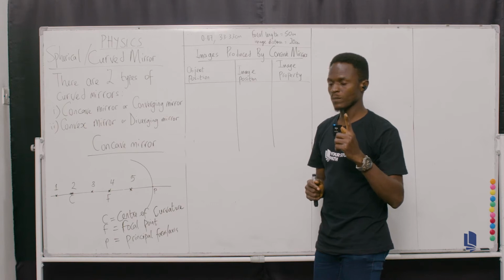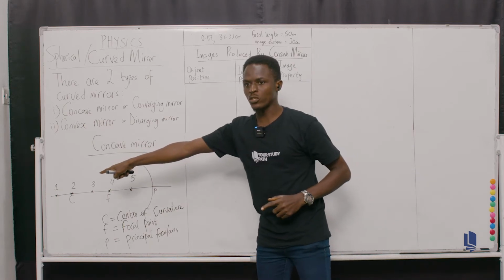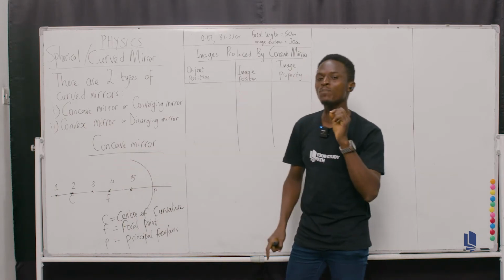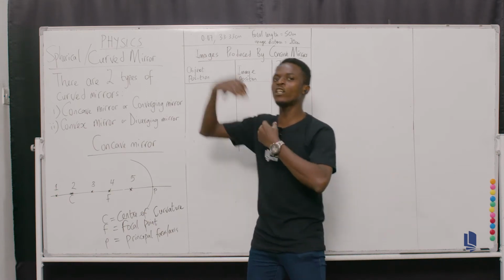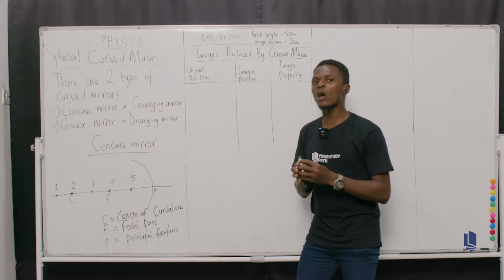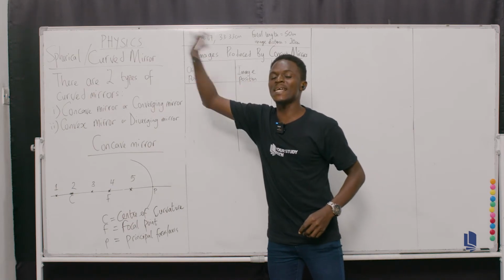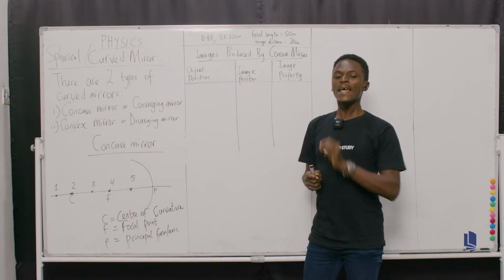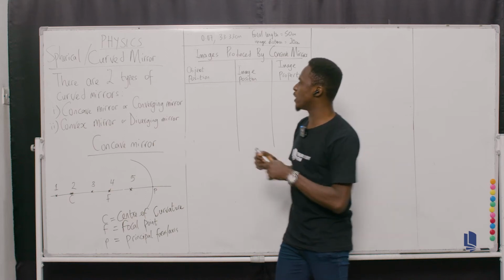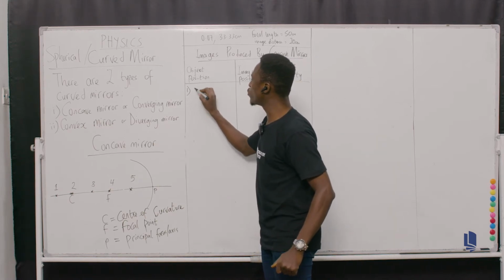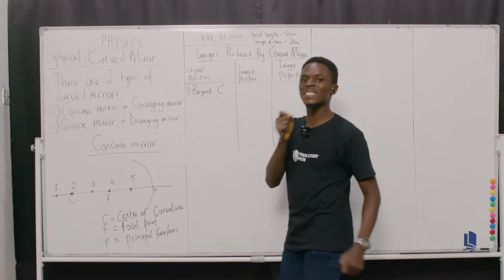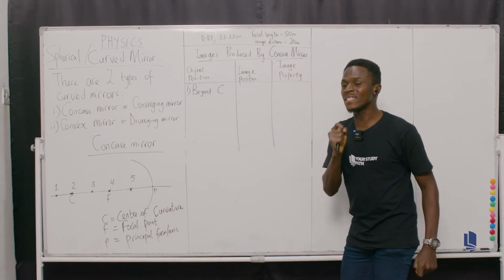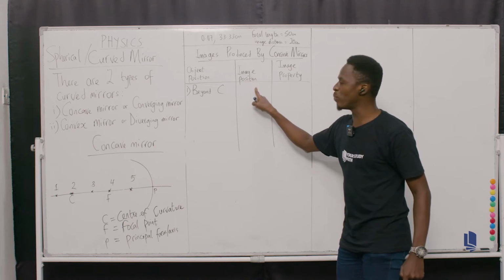Now check it out. Number 1 position, I'm sure you can see the board. Number 1 position is saying that you are positioning the object beyond alphabet C, meaning beyond the center of curvature. Anytime you position an object at position 1, where is the image going to be formed?